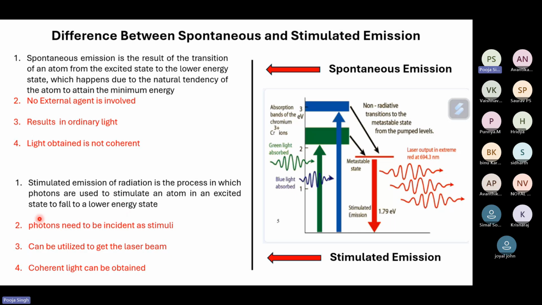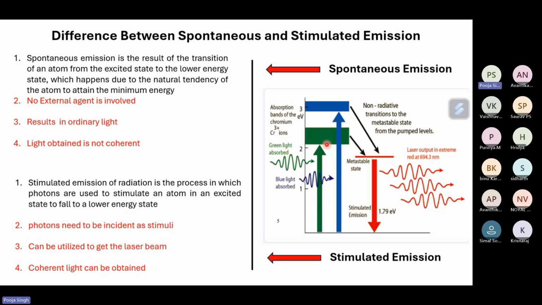So we are externally applying energy to make it fall into the lower energy state, and the photon needs to be incident, acting as an external stimulus. That's why we call it stimulated emission, and it can be utilized to get the laser beam, and because of that we get coherent light. You can see the table of how the transition is happening. So this is a chromium crystal.